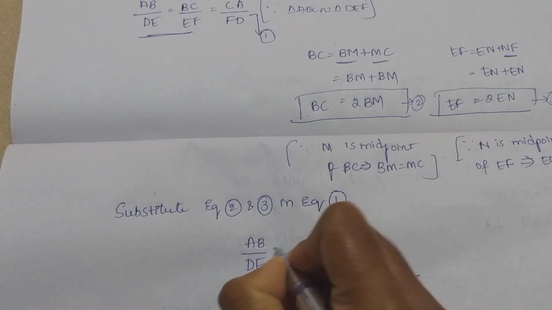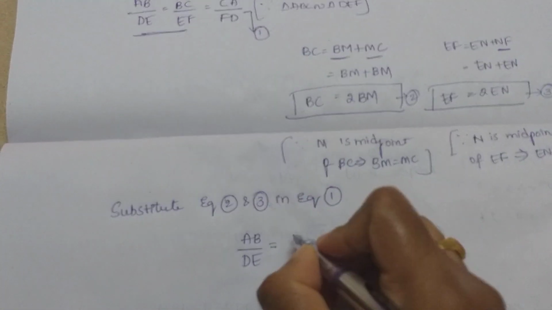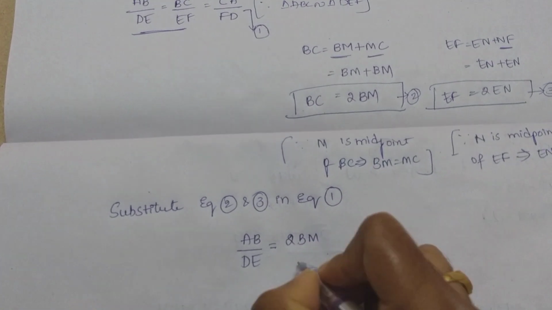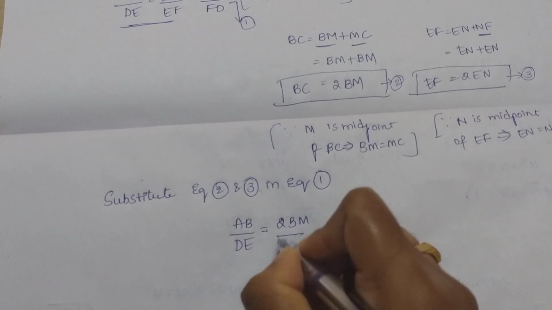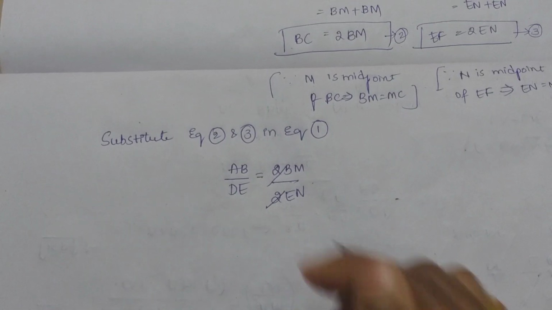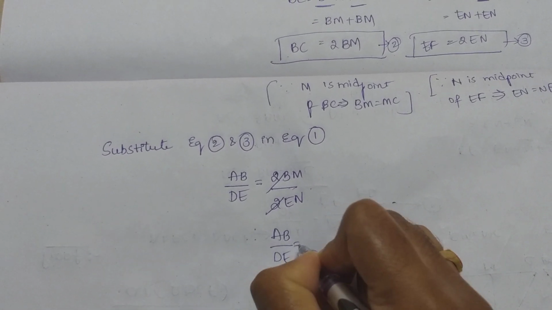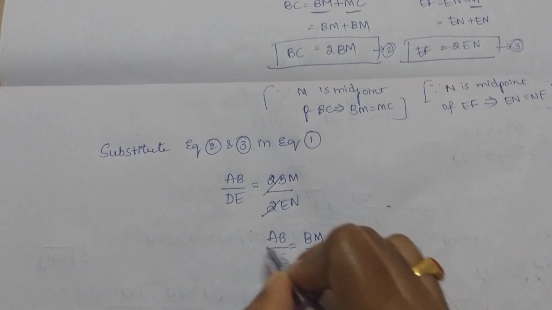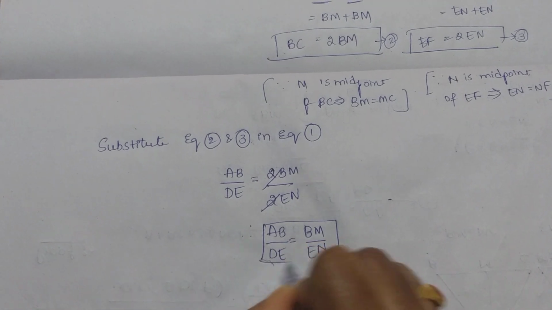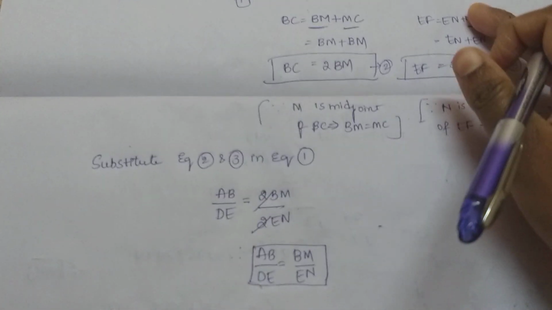AB by DE equals, in the place of BC, can I write 2BM? Yes. 2BM by, in the place of EF, I am writing 2EN. So this and this will be cancelled off. Therefore, AB by DE equals BM by EN.